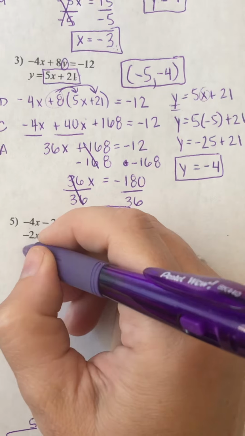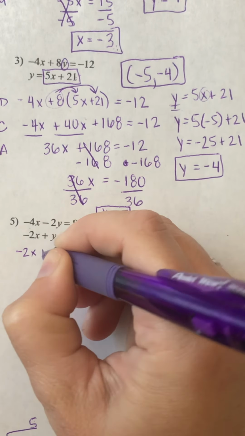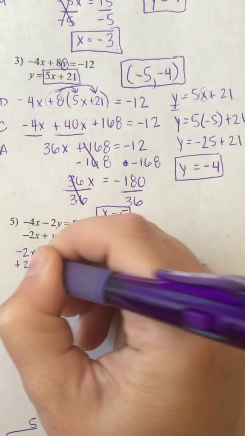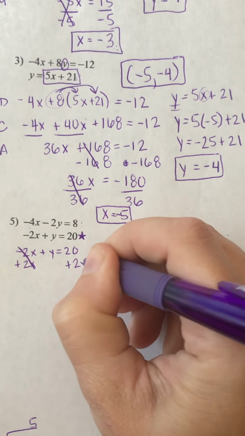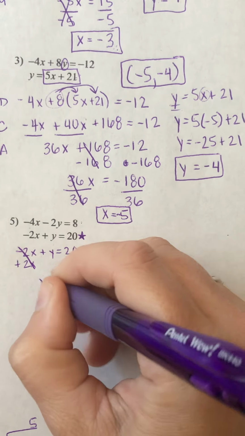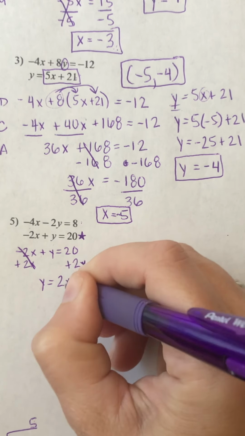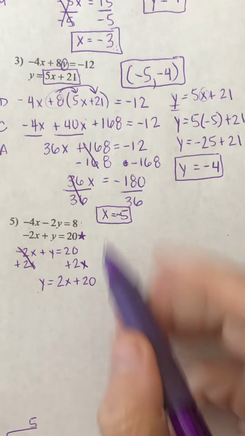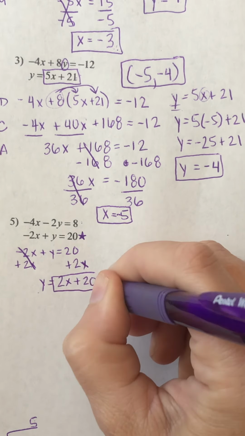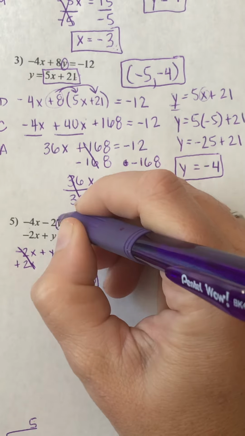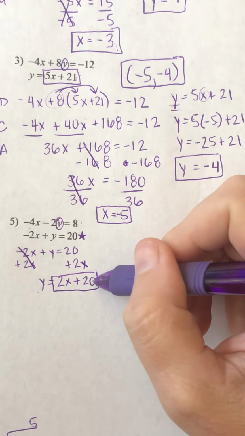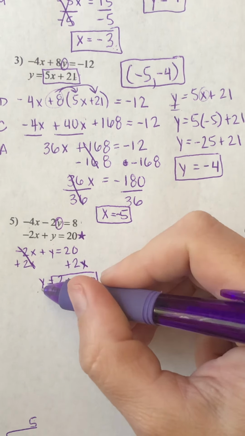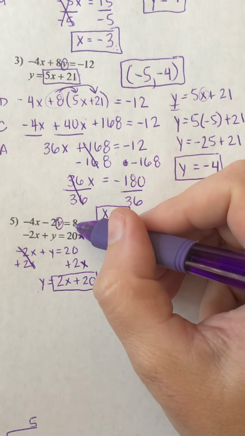All right, so I'm going to take this equation, -2x plus y equals 20, and I'm going to go ahead and add 2x to both sides and rewrite this equation as y equals 2x plus 20. So now we do have that y equals part, so we can take this part and plug it in for this equation. Now you don't want to plug it back into the same equation you just solved for y. You want to plug it into that other equation.